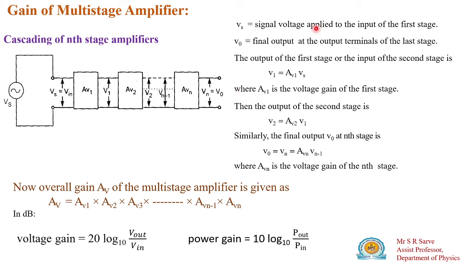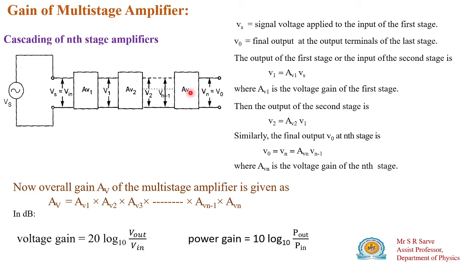If you find out its gain, a capital A is the gain. For the first stage, the output equals the amplification factor times the input signal, the source voltage Vs1. Similarly, for the second stage, its output is the amplification factor of that second stage times the output of the first stage, that is V1.